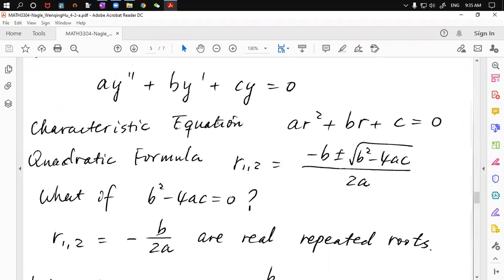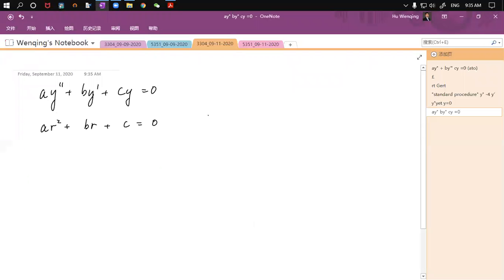You would like to solve this characteristic equation by the quadratic formula: r1,2 is equal to minus b plus or minus the square root of b squared minus 4ac, divided by 2a.